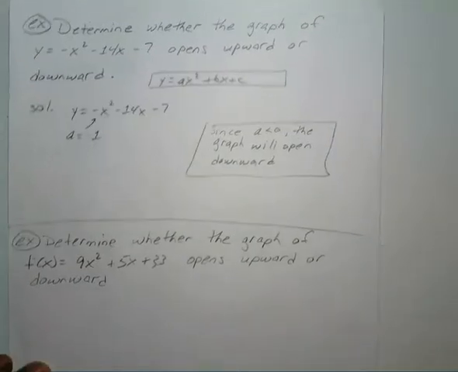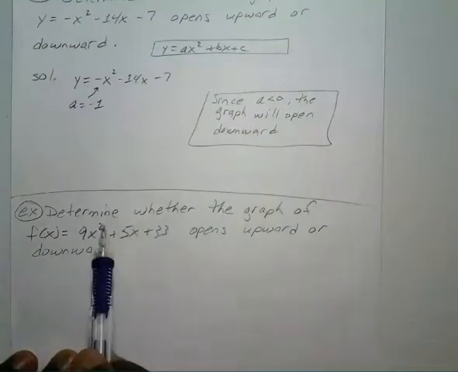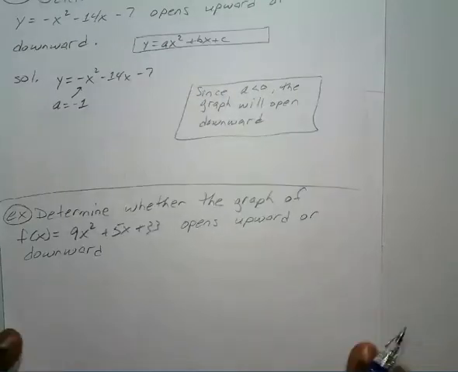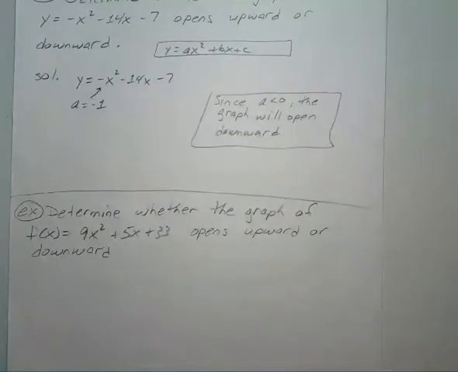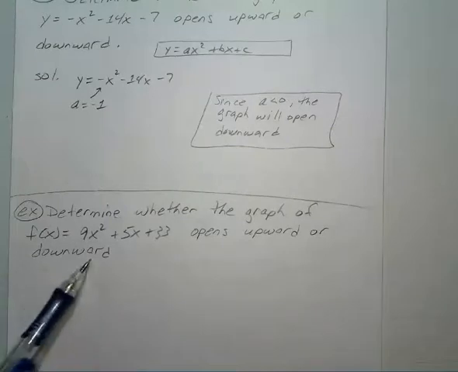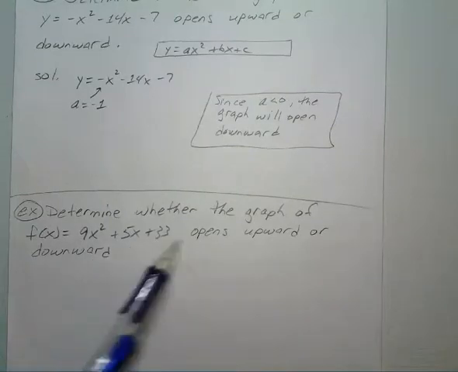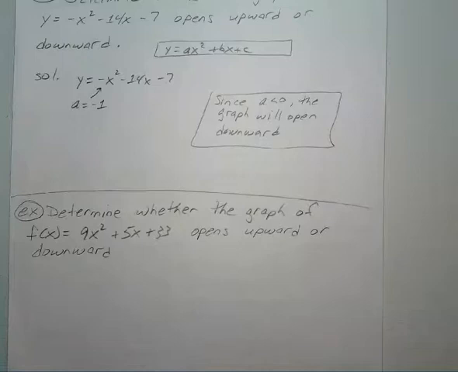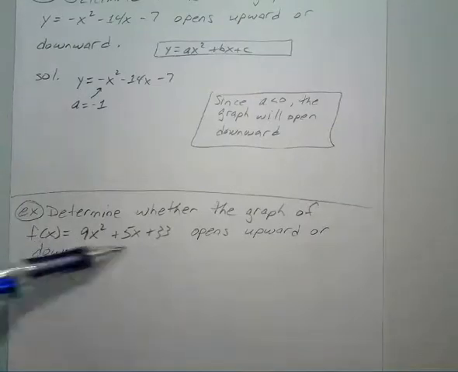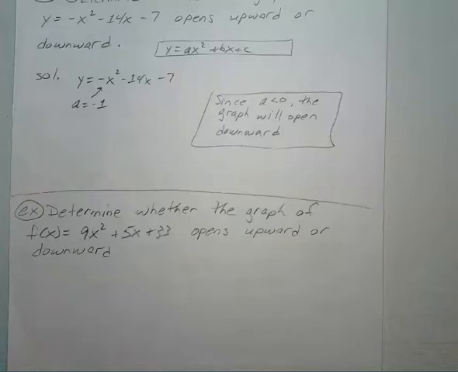Same thing with this next example. We want to determine whether the graph of f of x equals 9x squared plus 5x plus 33 opens upward or downward. Just to point out, it could be either f of x equals that function or y equals that function. It's the very same thing for either one. Nothing changes.